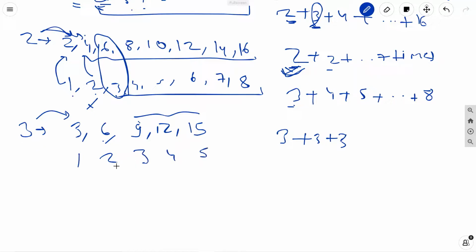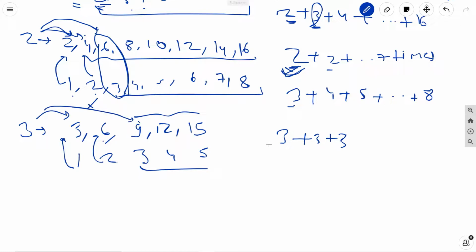Now 1 as a divisor of 3 we have already handled when we were doing for 1. 2 as a divisor of 6 we already handled when we were doing for 2. Now we are left with this part only, but 3 is a divisor of 9, this we have handled here only in this step.